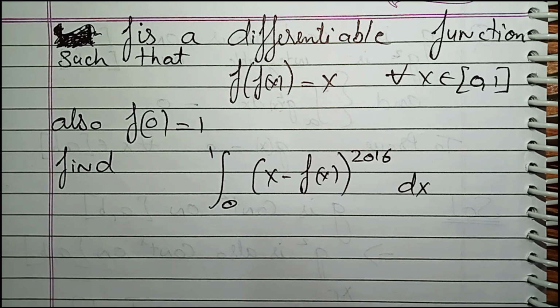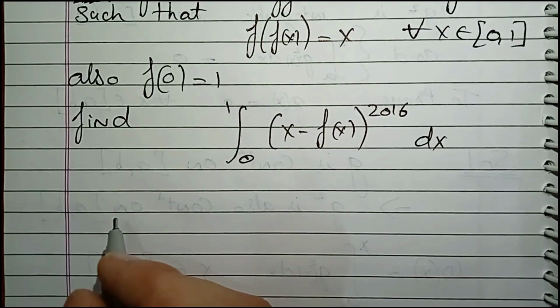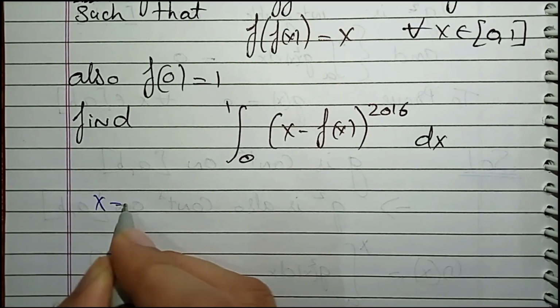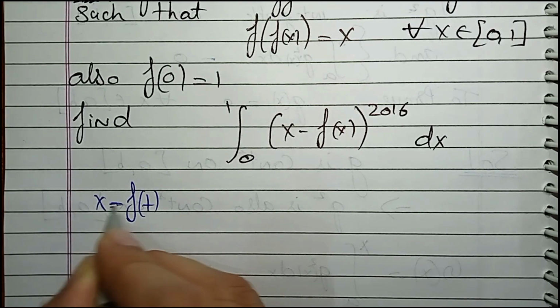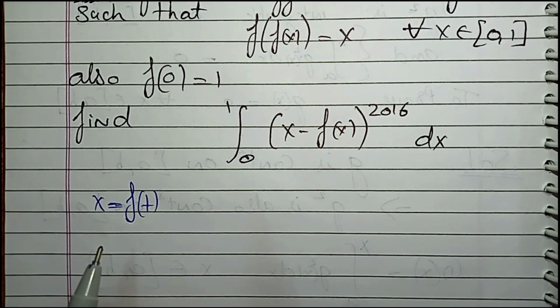What do you think, what can we do here? A quick and, I would not say too easy, but reasonable observation here is to substitute x equals f of t. Why?